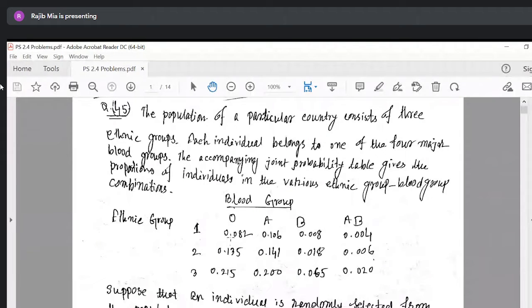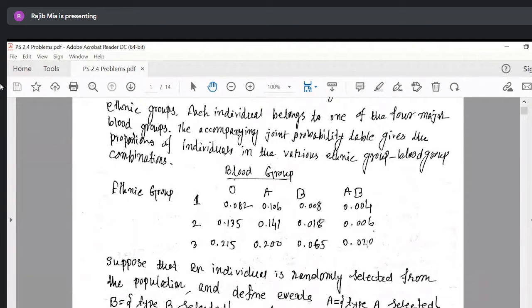Similarly, the last value in the table, 0.020, is the intersection of 3 and AB. So the probability of an individual from ethnic group 3 and having blood group AB is 0.020.